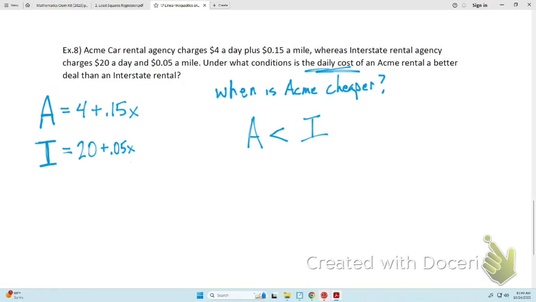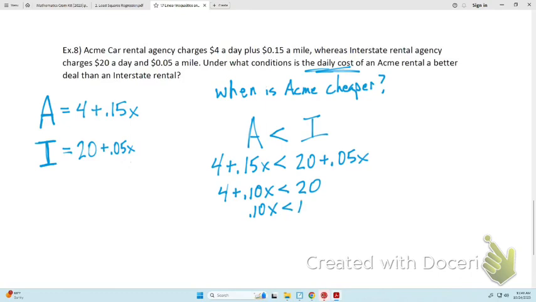So you plug in your two expressions, two equations. Get x by itself. Divide by 0.1, and you get x is less than 160 miles.